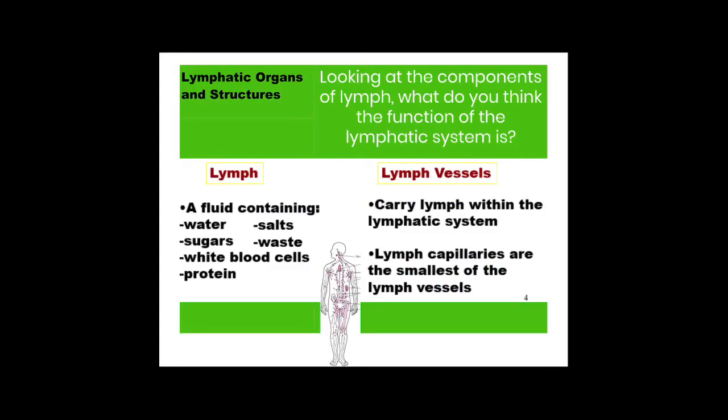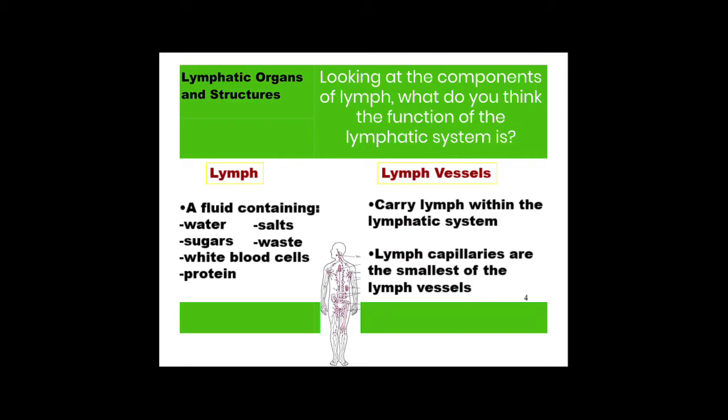First we'll go over the parts of the lymphatic system. The first two parts are going to be lymph and lymph vessels. You've probably heard of lymph nodes before. Inside of those is going to be lymph, which is where you will find the most important thing of the lymphatic system, the white blood cells. This is what fights off the infection.